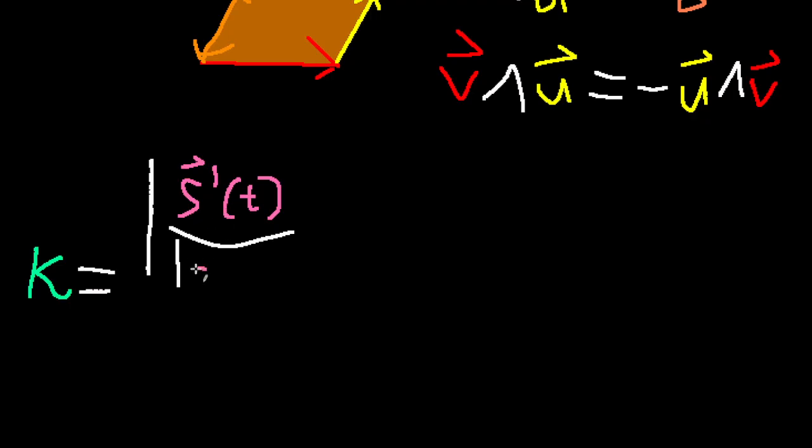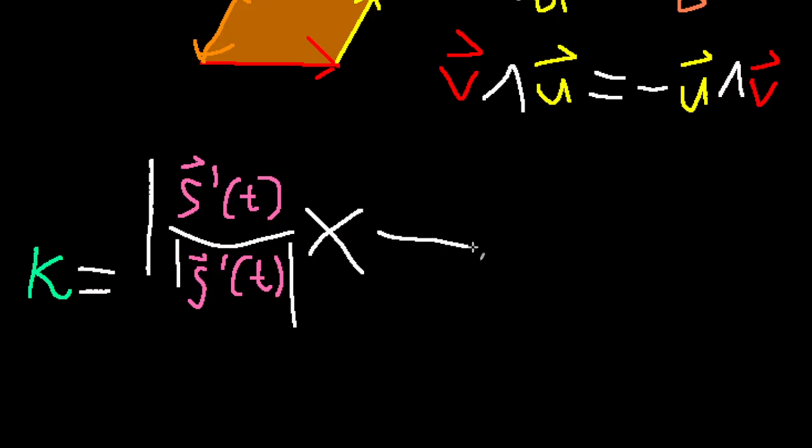The pink. S prime of t, and now what we do is we cross that with the second derivative of position.